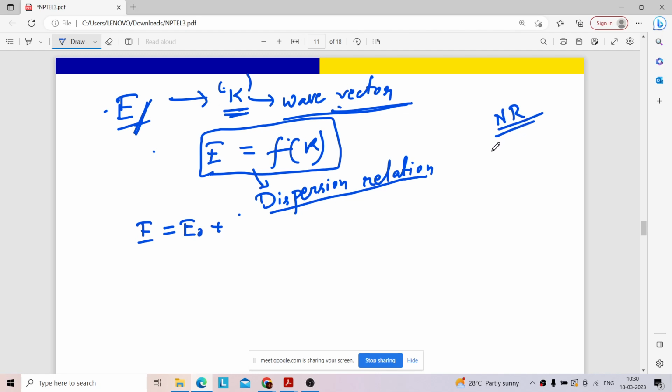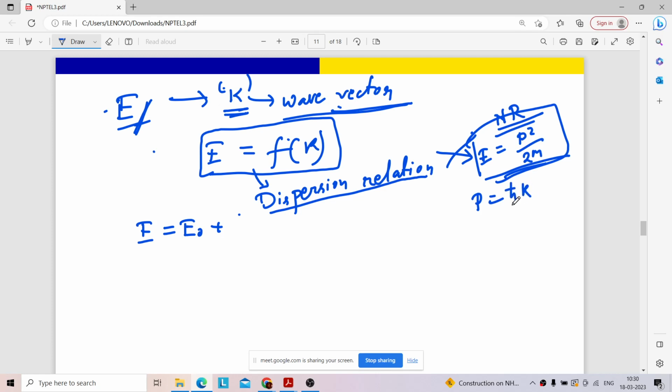For a non-relativistic particle, we get a relation like E equal to p squared over 2m, right? So this is a dispersion relation. This p I can write as ħk for my quantum case.